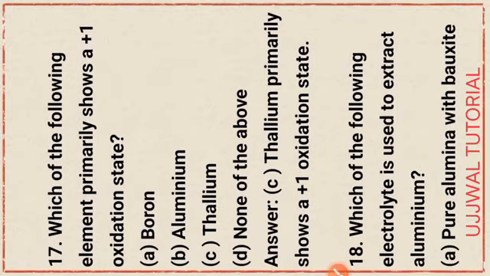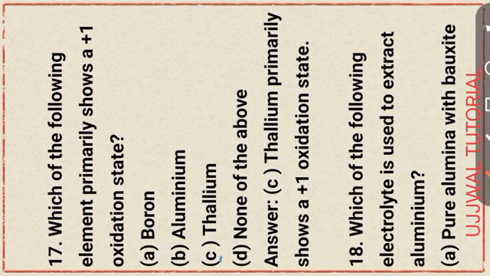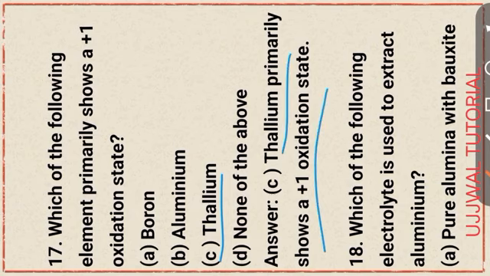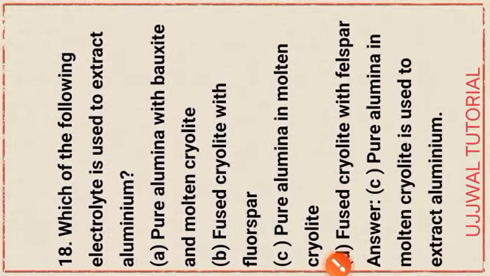Which of the following elements primarily shows a +1 oxidation state? Option C, thallium. Boron and aluminum are in the boron family, group 13, but it is thallium that shows the +1 oxidation state.